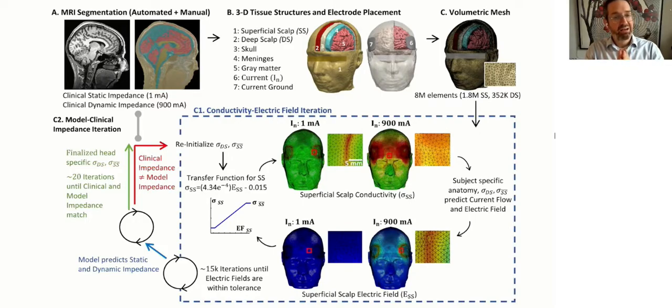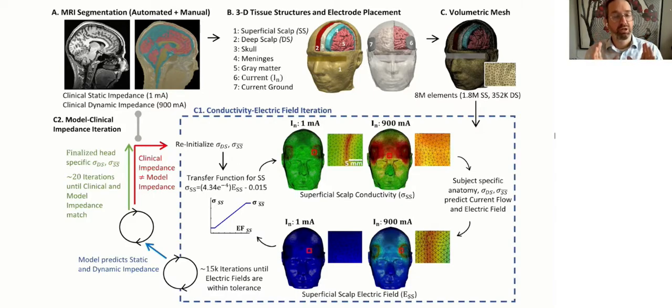And so now we're left with a deep skin conductivity and a superficial skin conductivity that is specific to that person. This is that individual's skin properties that lead to the correct static and dynamic impedance. So we are assuming that every individual, in addition to having a different anatomy, has different skin properties.